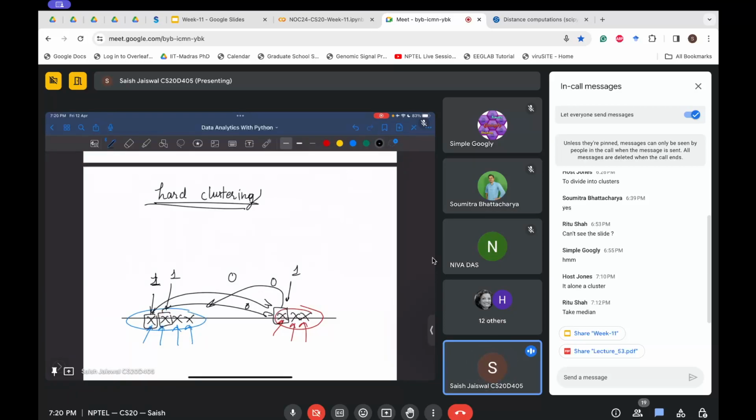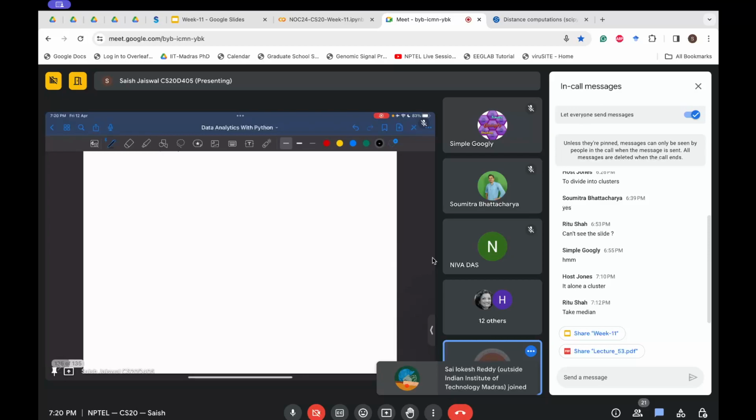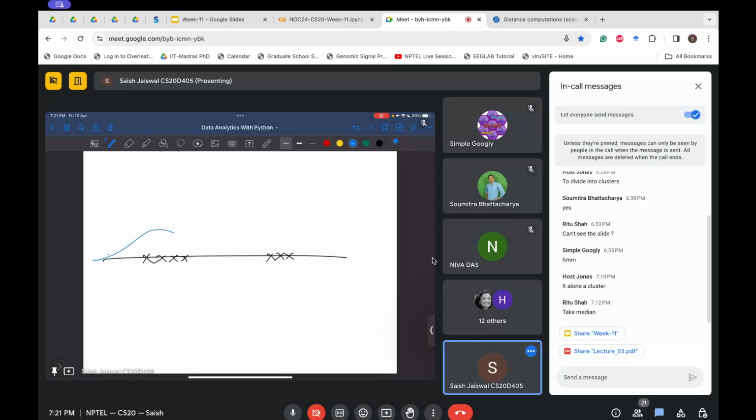But what if you decide to have an assignment in which every data point will belong to every cluster with a certain probability? That is the foundation for Gaussian mixture models. You have these data points. First of all, you do the k-means clustering, get the clusters, and then you try to put in a Gaussian distribution. So let's say this is one Gaussian distribution, and this is another Gaussian distribution.